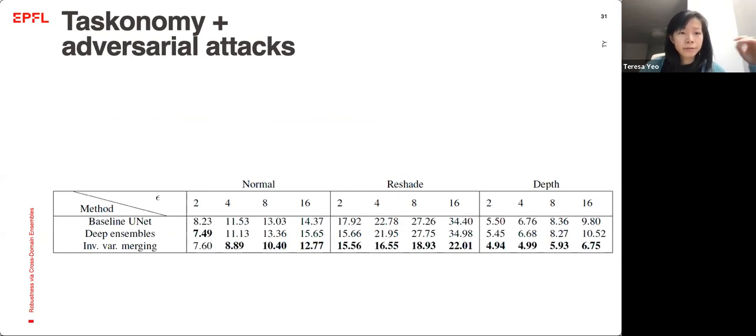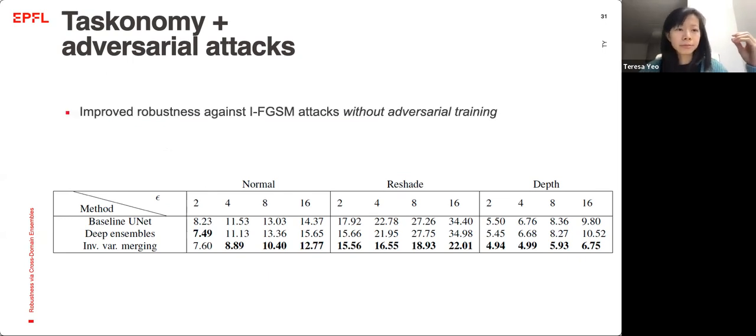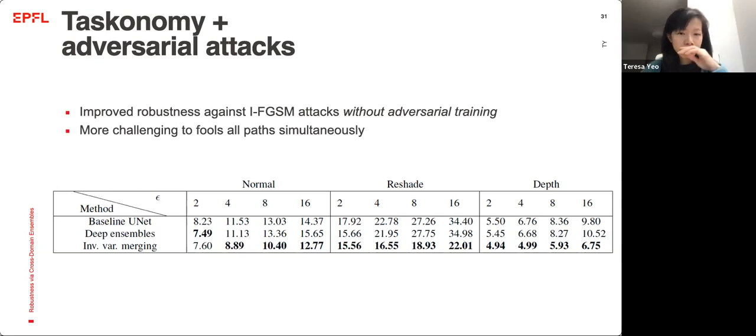We also quantify the adversarial robustness of our method under different attack strengths. These are L1 errors. Our method has lower errors compared to the baselines. We think this is because using middle domains promotes ensemble diversity in a way that makes it more challenging to create an attack that fools all paths simultaneously.